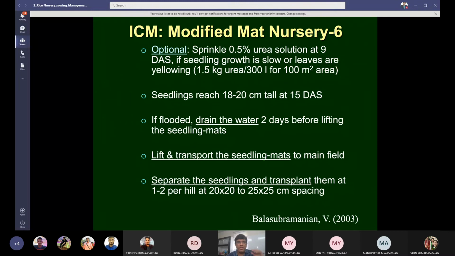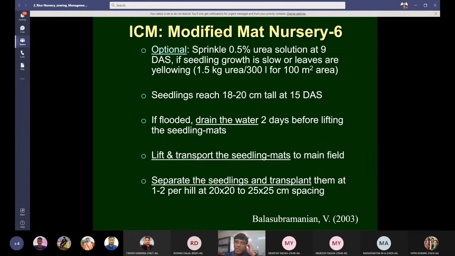Now, the modified mat nursery is actually part of integrated crop management. Integrated rice management is where this modified mat nursery method is recommended. Now you must be coming across one term, that is integrated crop management.